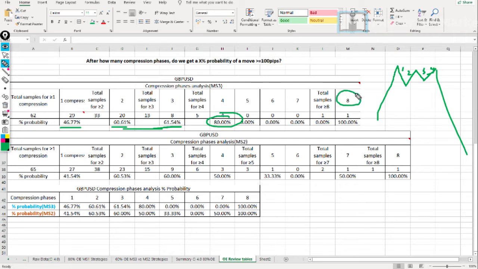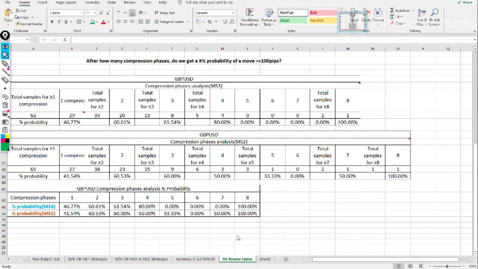However, if you get eight, then you get 100%. So it really depends on what type of strategy you want to build. Is it a low frequency, very high reliability kind of strategy? Then you design them accordingly based on probability. You can see that it's very quantitative, very systematic, very methodological as well.